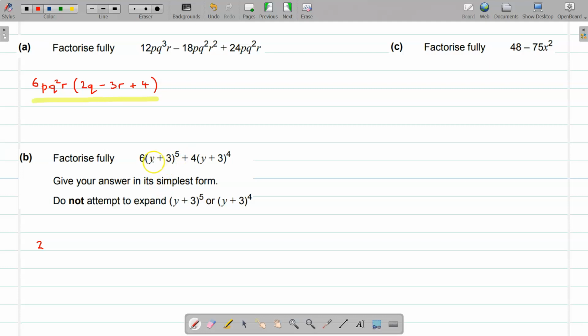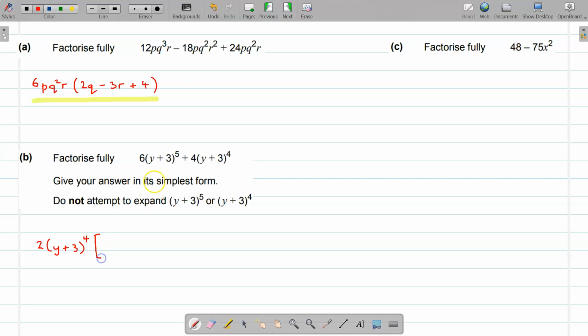But we've also got y plus 3 to the power 5 and y plus 3 to the power 4. Well, y plus 3 to the power 4 is a factor of both of those. So we just write y plus 3 to the power of 4 as the highest common factor, along with the 2, and see what's left.